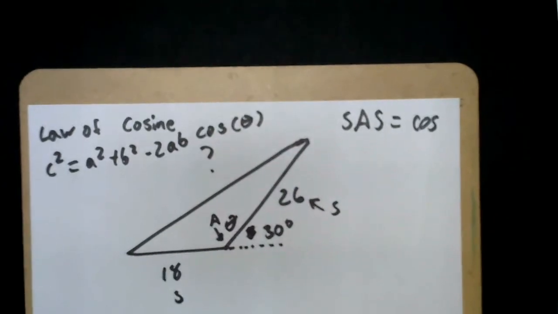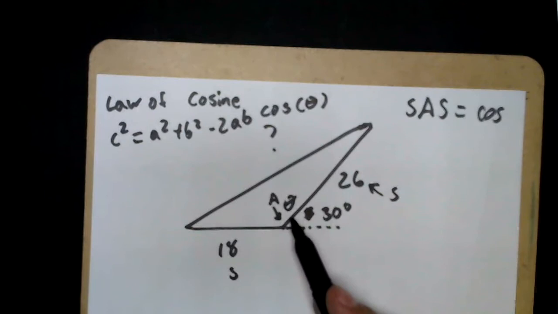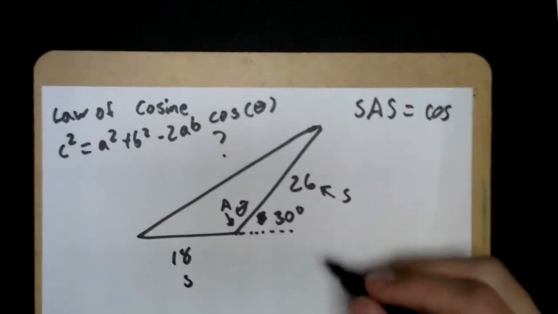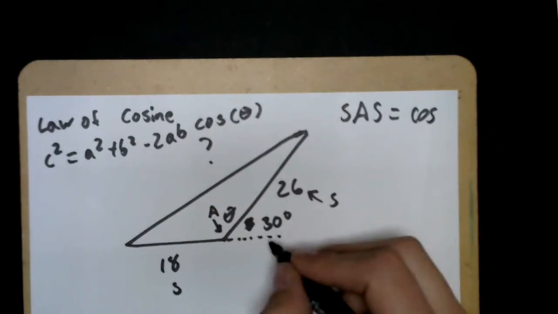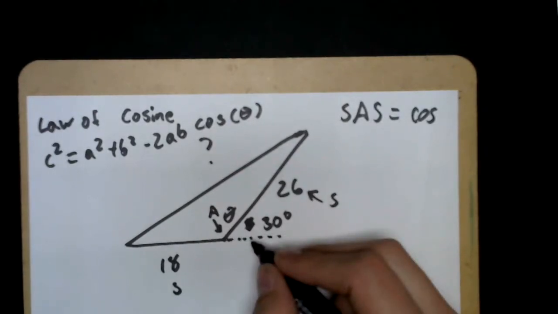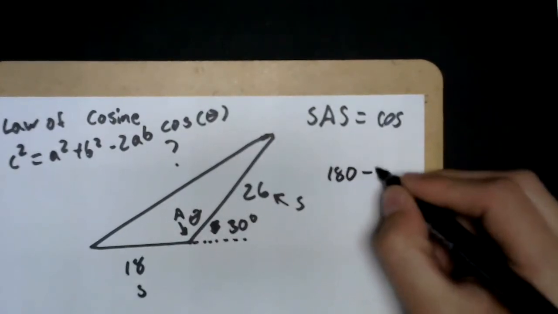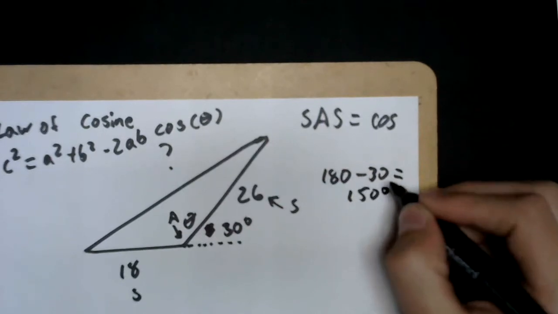So we have to find the angle to put in the equation to find our answer. Since this is along a straight line, you can use supplementary angles and say 180 minus 30, which gives you 150 degrees.